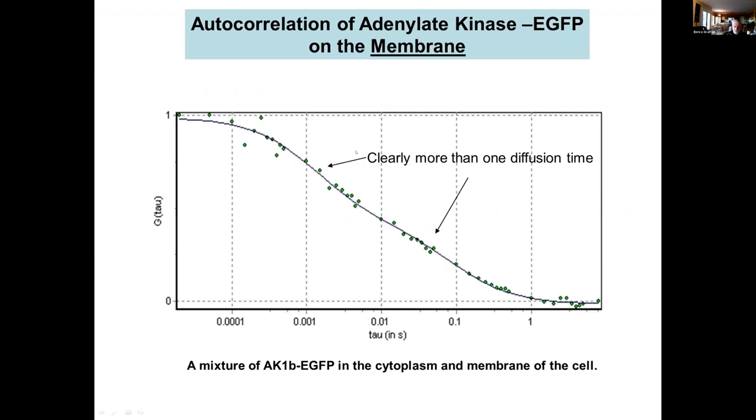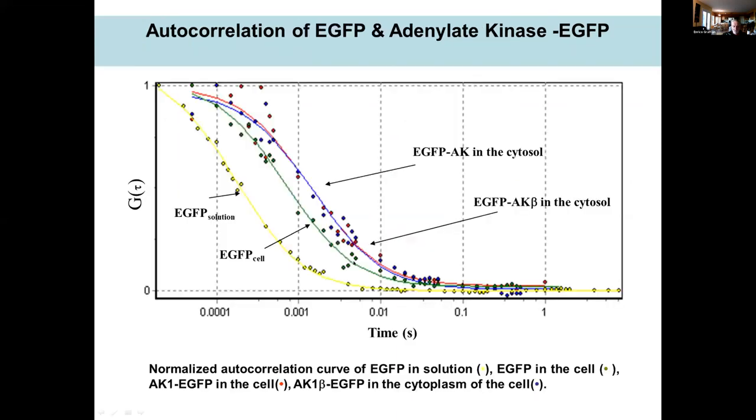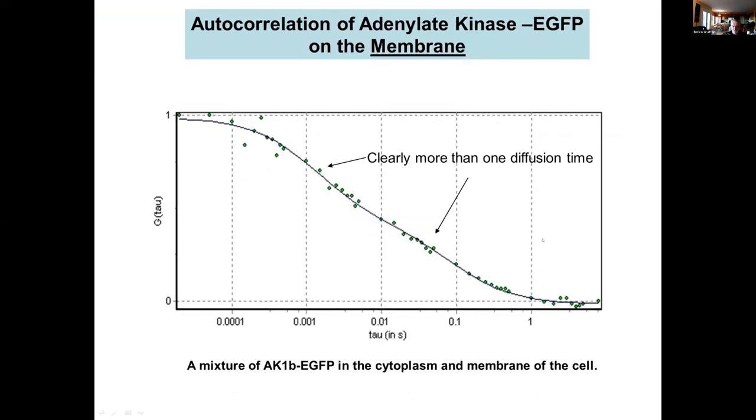In the case in which you have adenylate kinase in the membrane, you can clearly see that the correlation function gives 1 and maybe 2, at least 2 times.